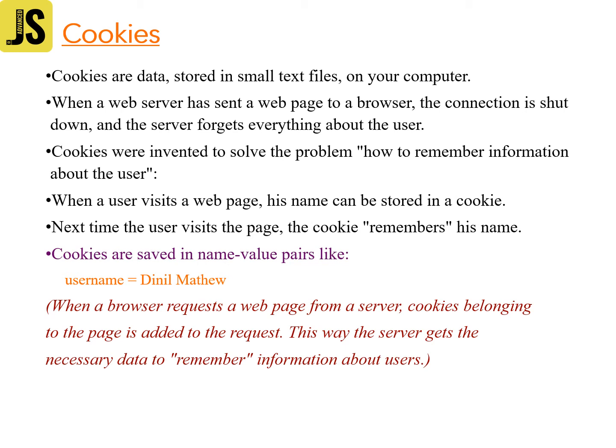If the browser requests some web page from the web server, the web server will process that particular request and give back a web page to the requested browser. After giving back the requested item, the connection between server and client is closed, and the server will forget everything about the corresponding user as well as that particular request.